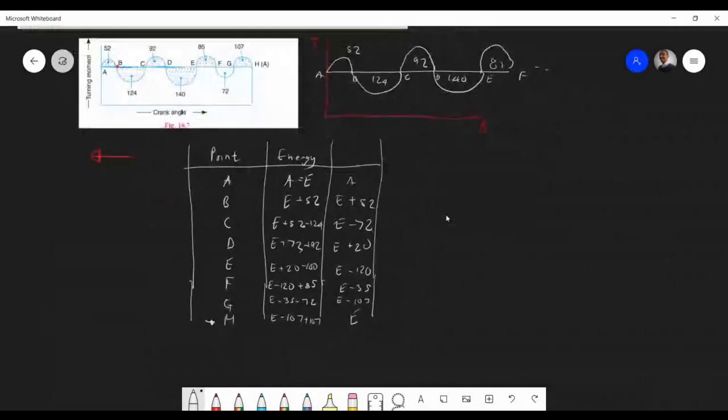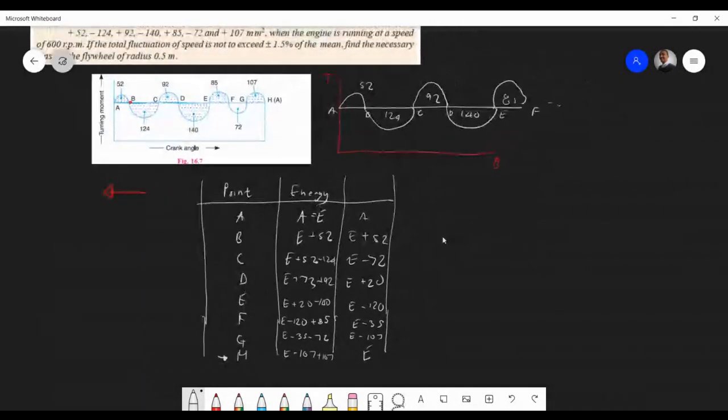So Silas, can you please tell me my maximum energy and my minimum energy? Please. 52 maximum, and yep, thank you. And 120 minimum.